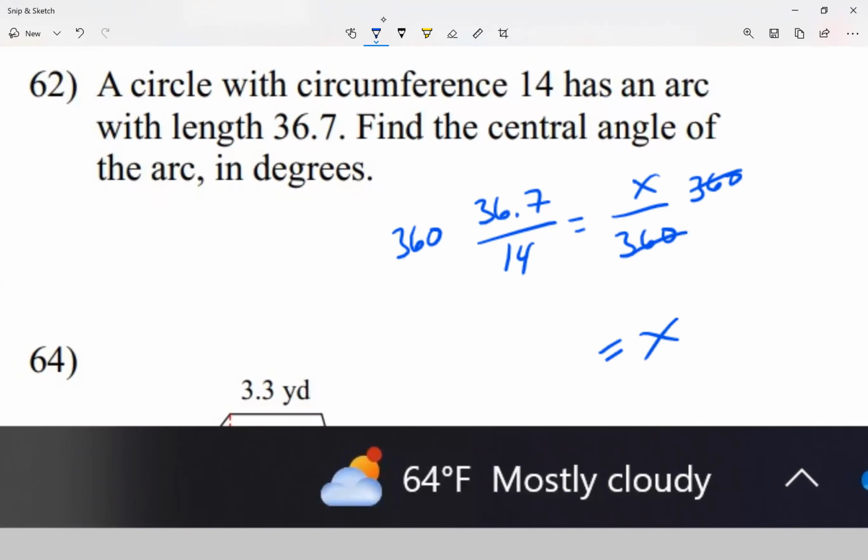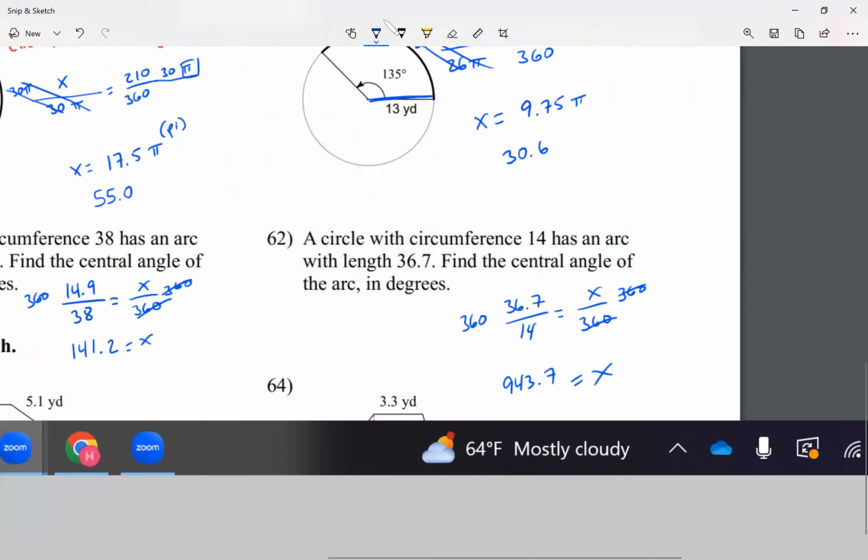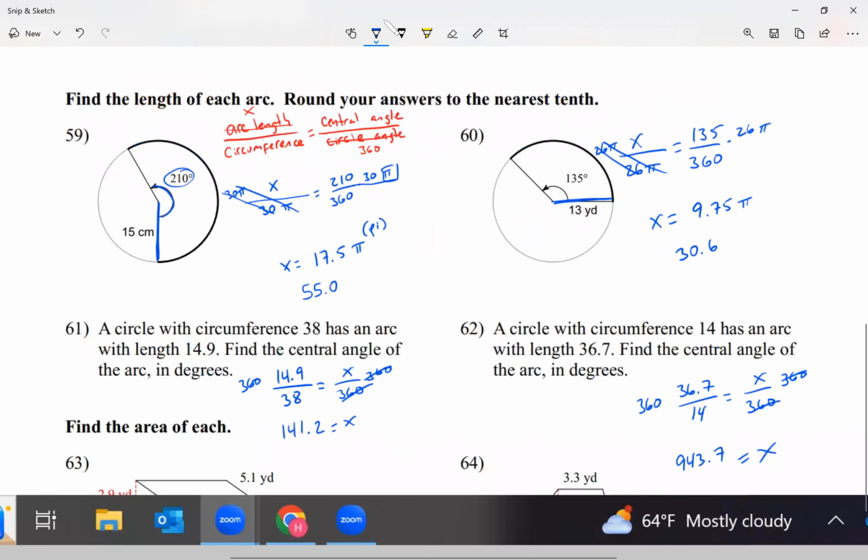So I'm gonna go 360 times 36.7 divided by 14. And I get 943.7. There you go.